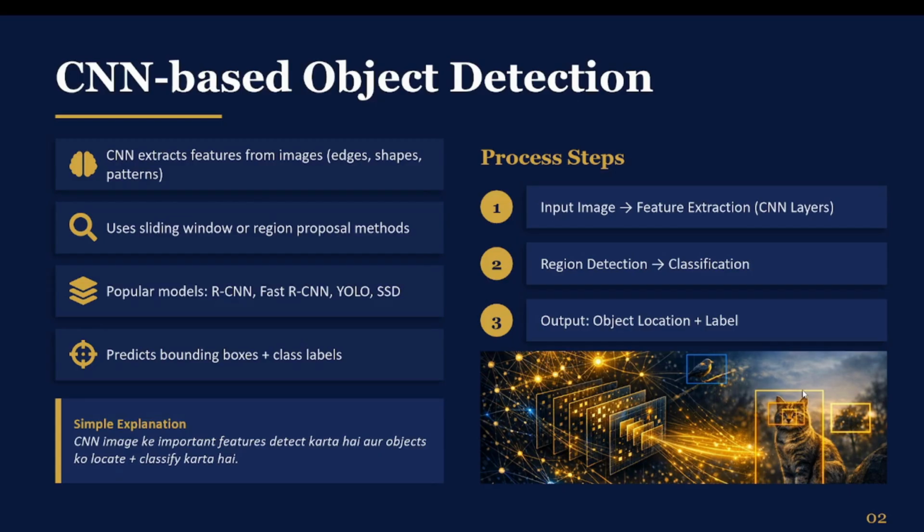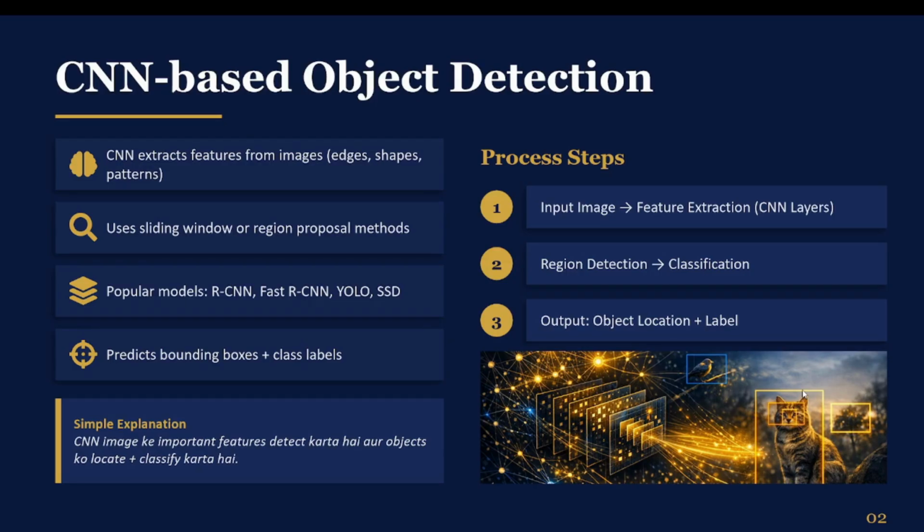To handle this, CNN based object detection models use either a sliding window approach or a region proposal method. In the sliding window approach, a fixed size window is moved across the entire image at different scales and positions, and the CNN checks each window to see if it contains an object.